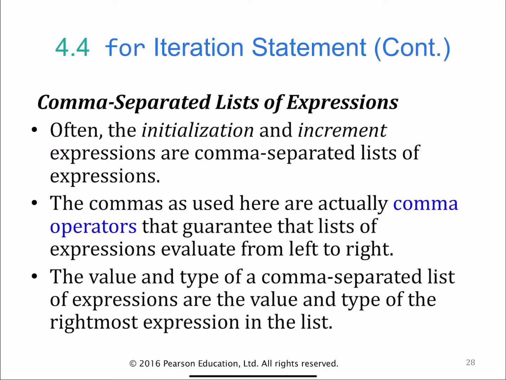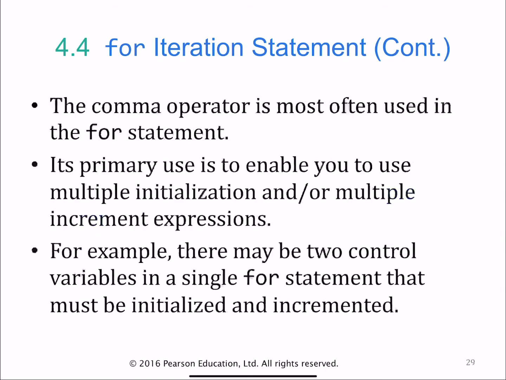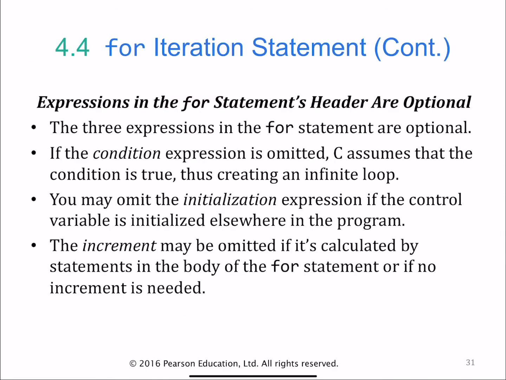While that is often the case, it is not necessary that there only be one expression that has to be evaluated. So what you can also do is you can have multiple initializations, or multiple increment decrement operations happening in the same for loop.